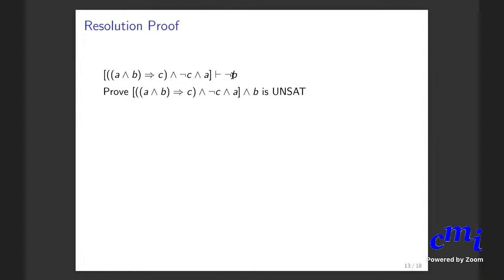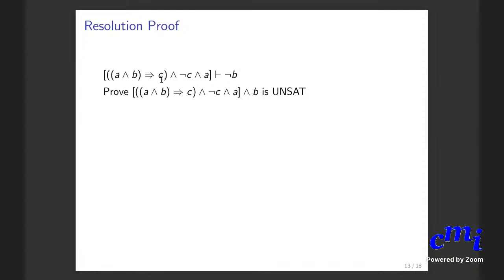In order to prove this, you have to show that the premises imply not B. That is, you take the negation of the conclusion, and the conjunction of all those things should be unsatisfiable.